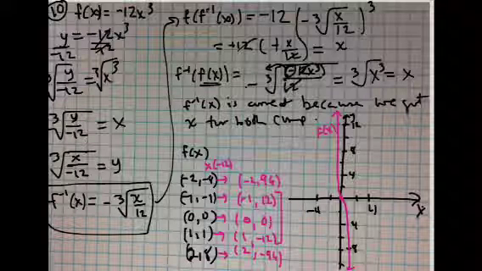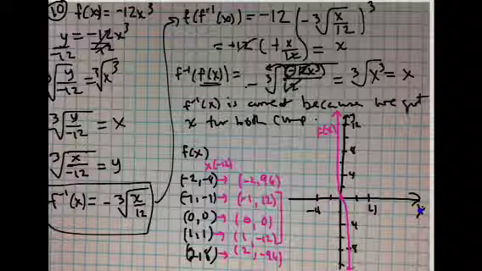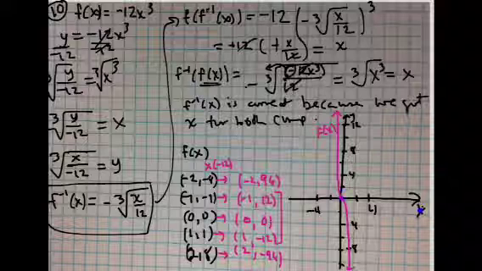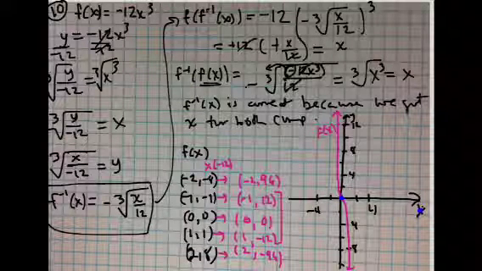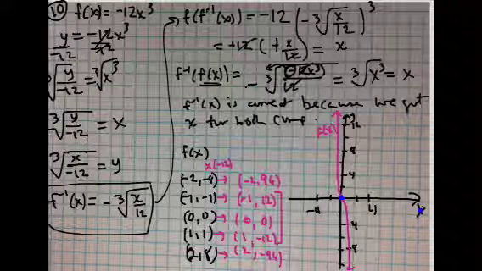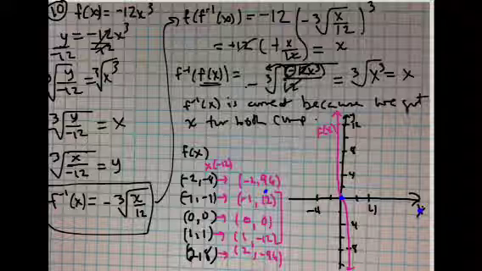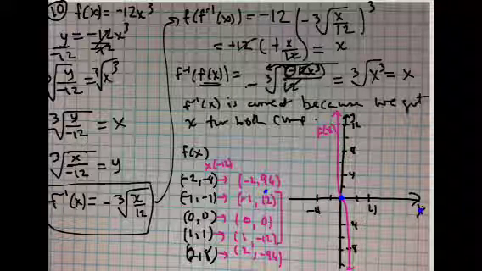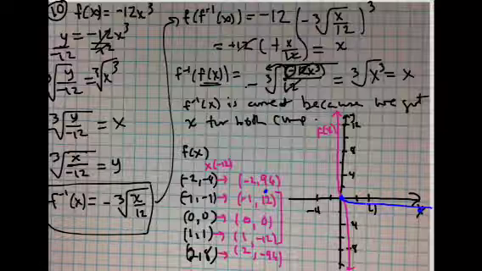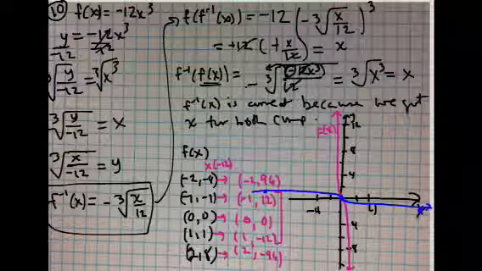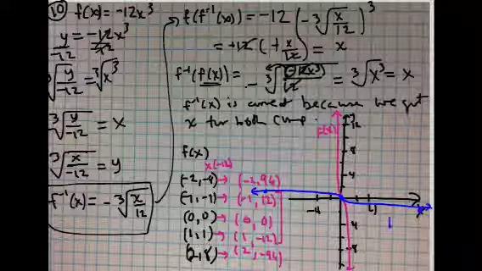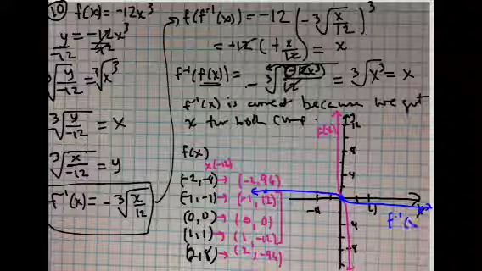So that'd be about here, right where the x is, (0, 0), and (-12, 1). So it'd be about here. Okay? And so you connect your points. It curves down slightly. And this one curves up. Okay, and there's a graph. There's your f inverse of x.